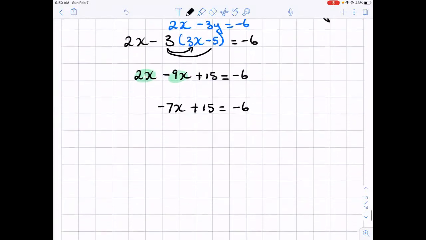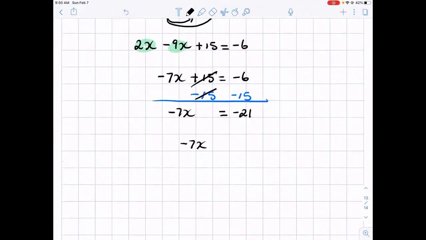Okay? We will now subtract 15 on both sides because our goal is to solve for x. If we subtract 15 on both sides, we have minus 7x plus 15 minus 15, which is 0, and this is now equal to minus 21.